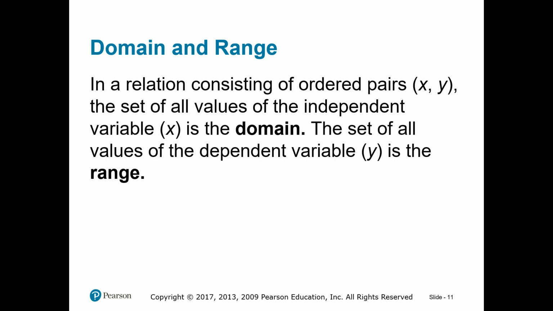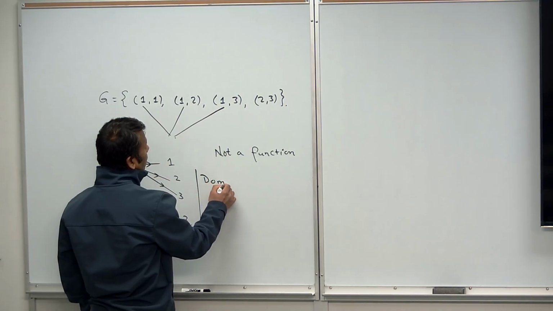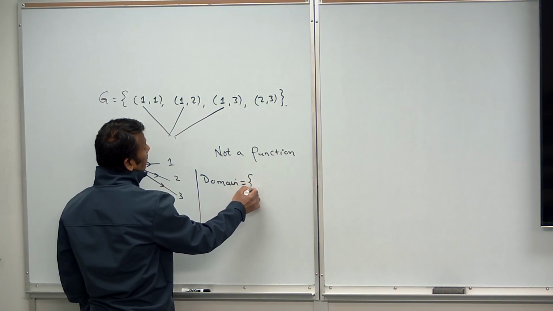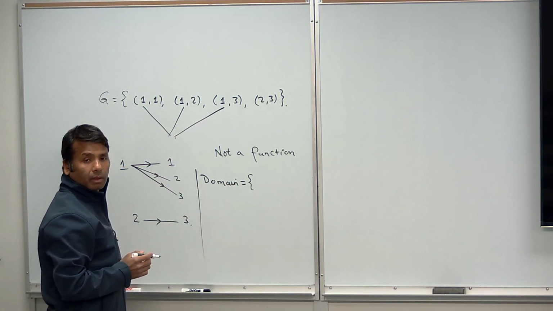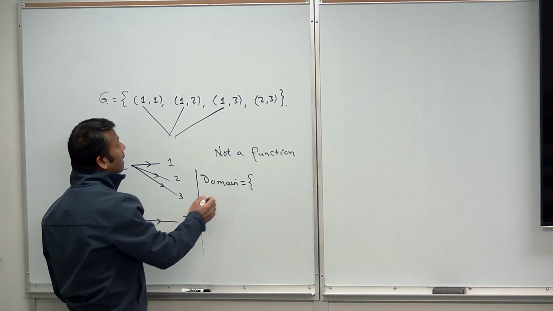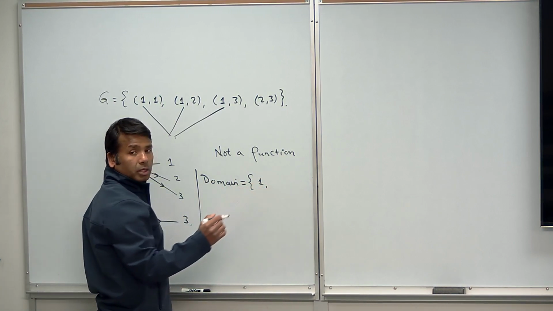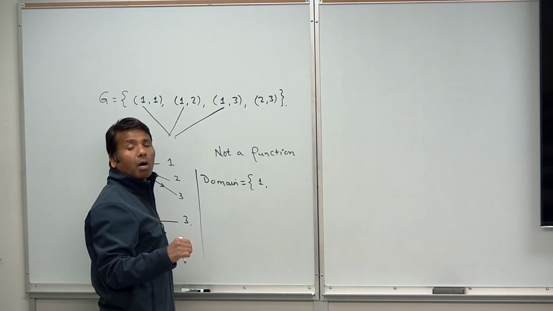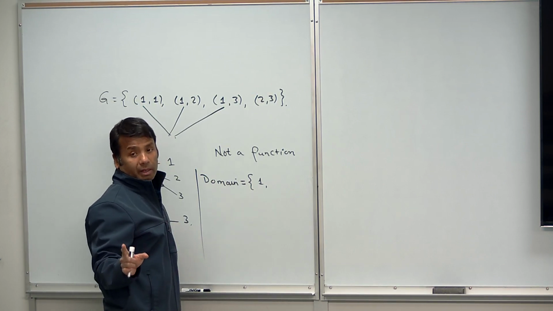So now, if you look here, this is a relation, right? In this relation, what will be the domain? What is the domain? One. You see, you list all x values, right? The values of all independent variable.